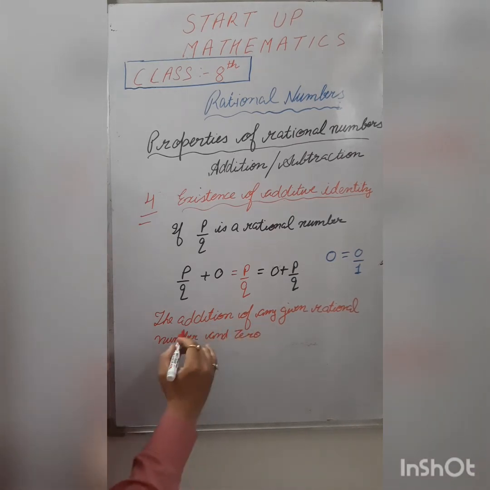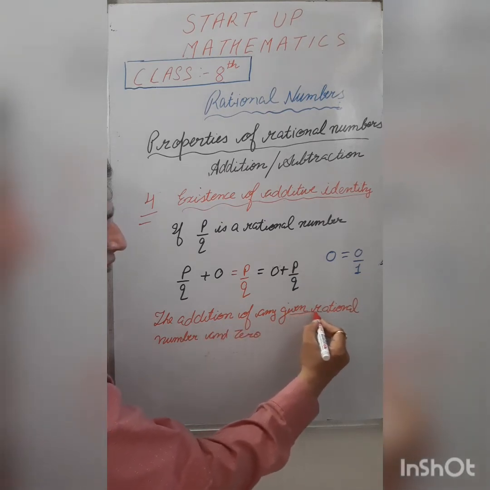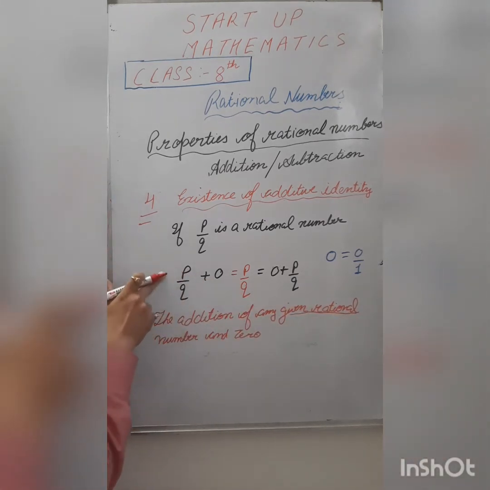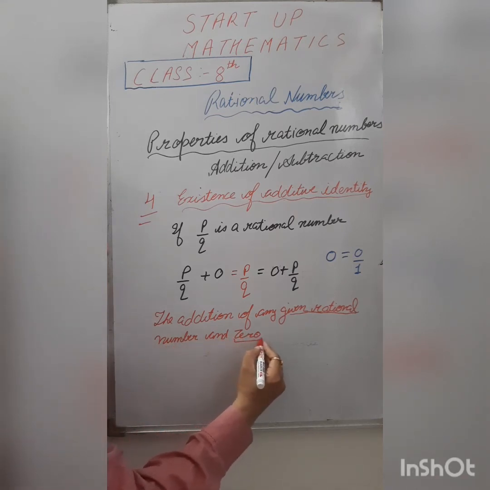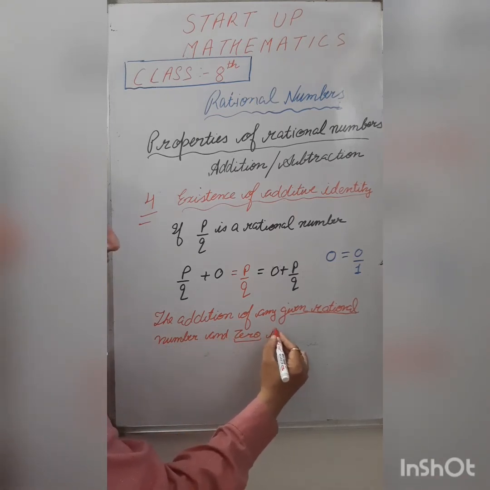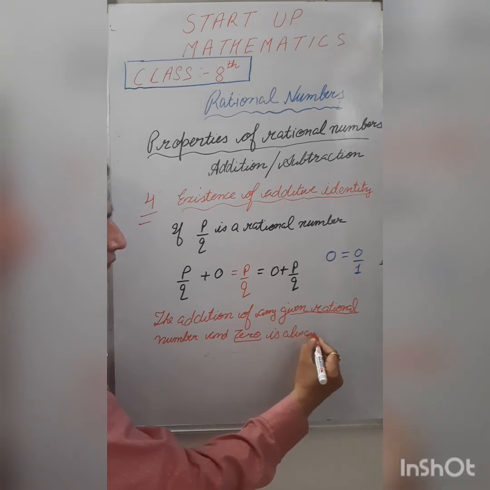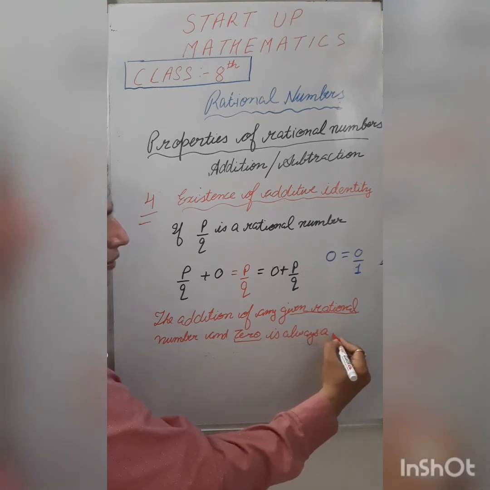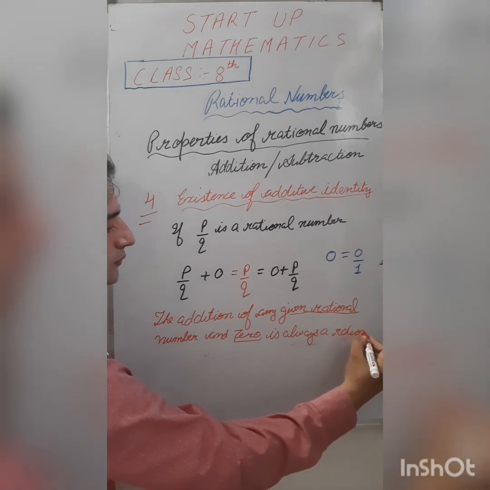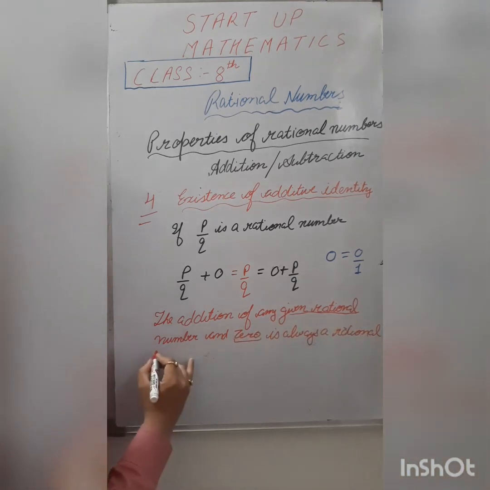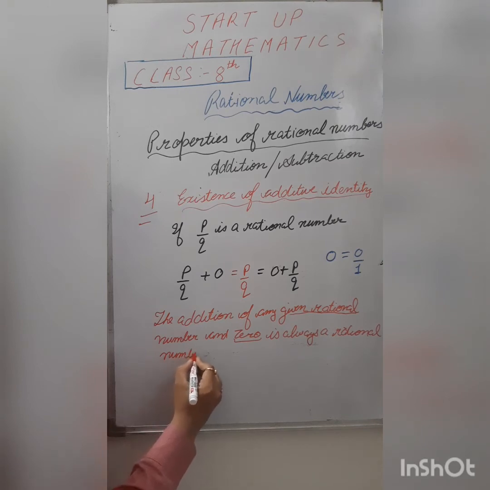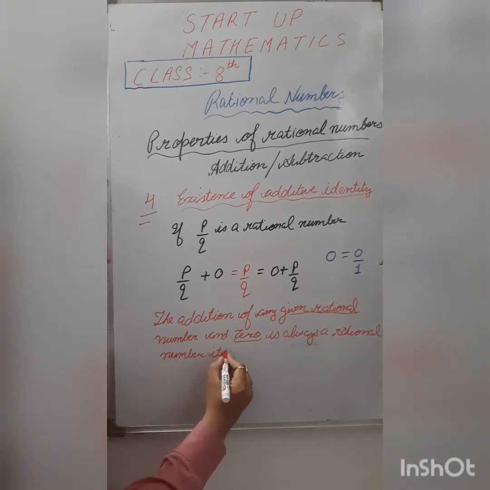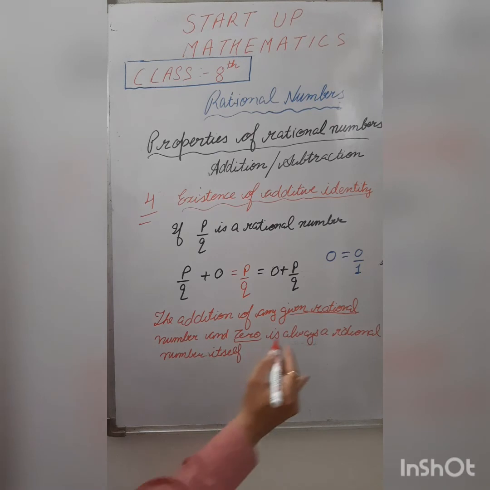Here we are adding two things: a given rational number is p by q and 0 is our second rational number. So what will their sum be? The sum is always a rational number itself, right? The sum of 0 and the given rational number is the rational number itself.